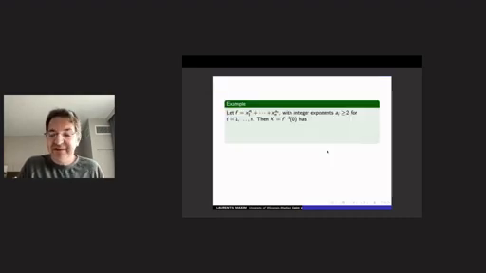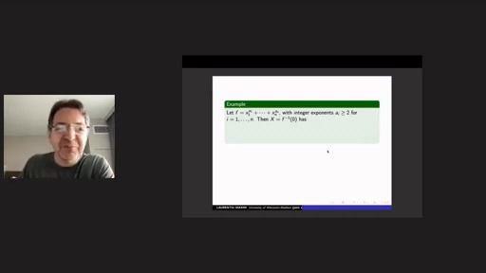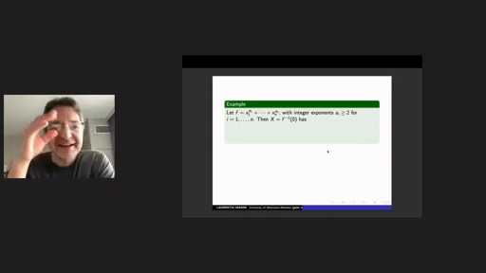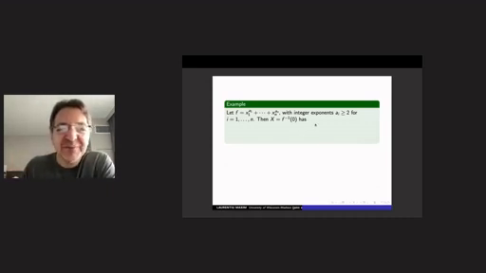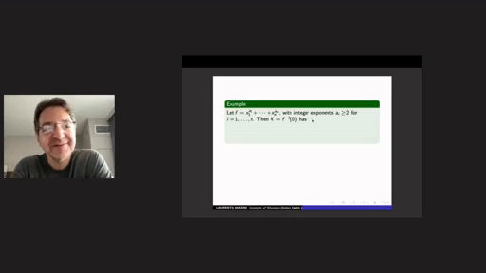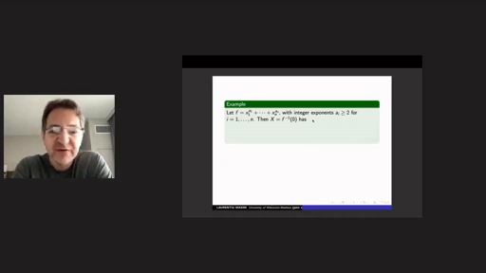So maybe let me give you an example. But I promised I'll give you an example. So let me give you an example in the case of hypersurfaces, because these are the ones that are best understood before moving to local complete intersections. And then I'll describe some general results in the case of local complete intersections.